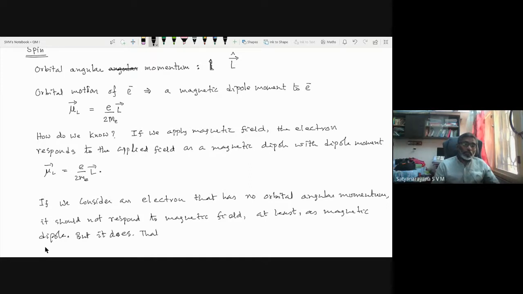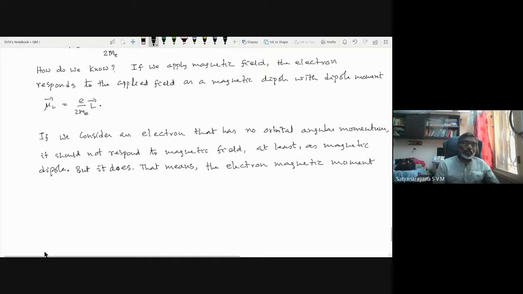That means the electron magnetic moment is not entirely due to orbital motion, due to orbital angular momentum.